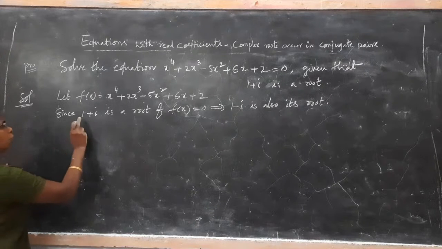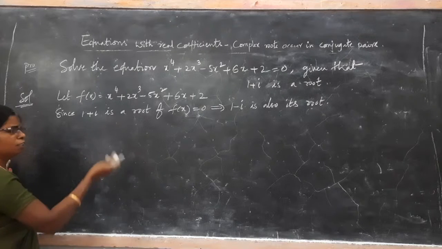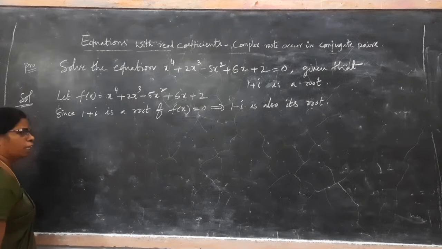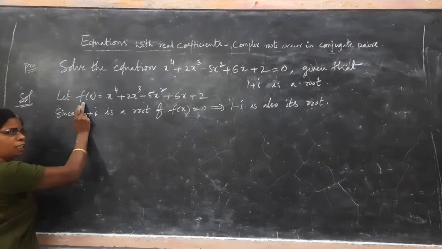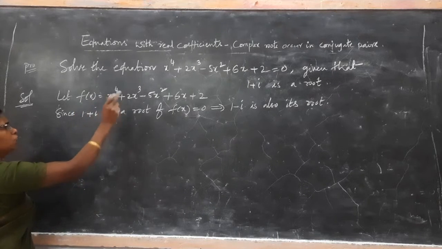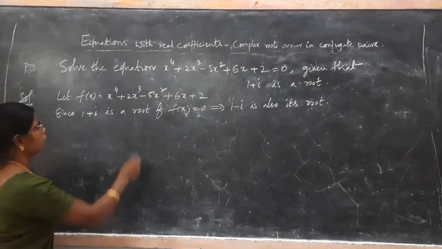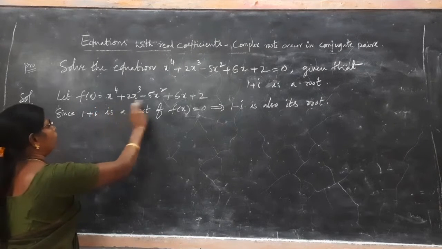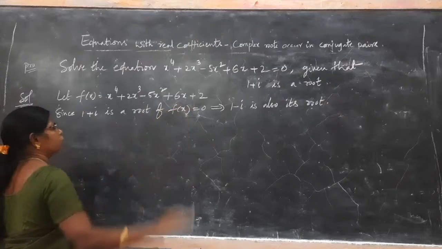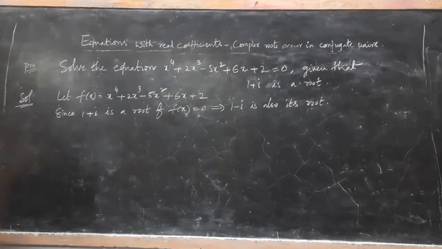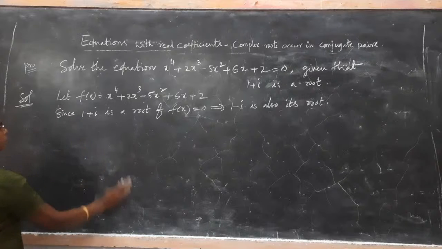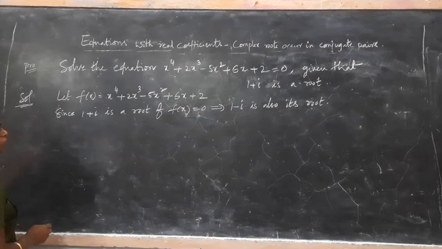Now, if alpha is a root, what is its corresponding factor? x minus alpha. Observe once again: f of x has coefficients 1, 2, minus 5, 6, 2, all real numbers. Then 1 plus i is a root, so 1 minus i is also its root.